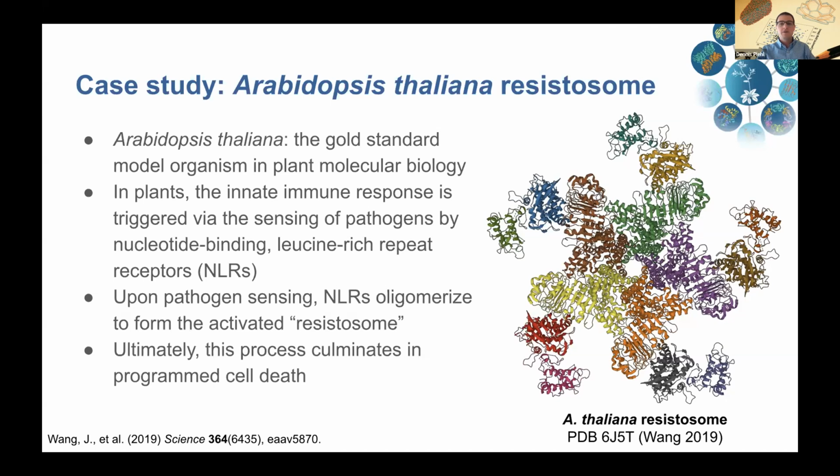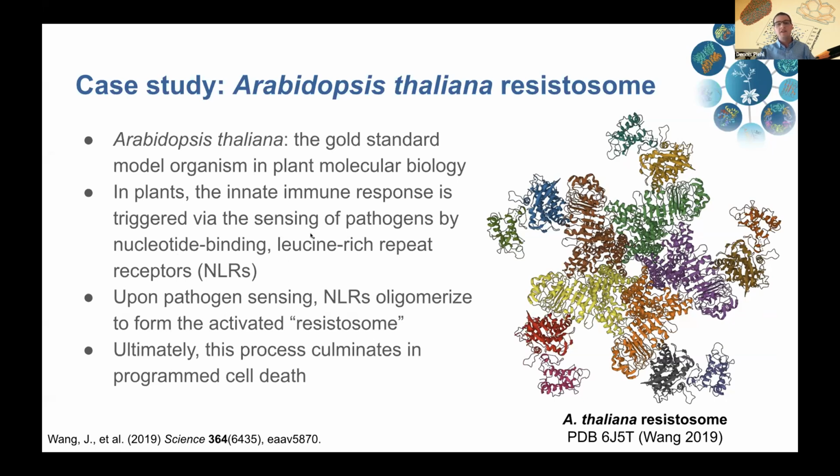And like all organisms, it also maintains an immune system where it has to fend off pathogens from the environment and maintain its survival. And one of the main ways that it does this is through the formation of the resistosome, which is shown here. So the way that this forms is through the sensing of a pathogen by a structure known as a nucleotide binding leucine-rich repeat receptor.